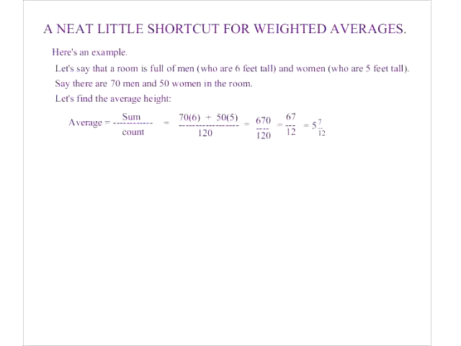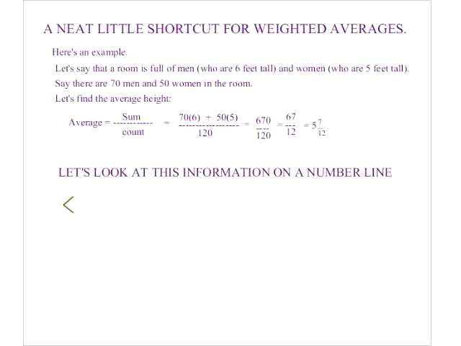Now, let's look at a number line. Pardon that it takes longer to do it on the Illuminate, but we are all models of patience here. On a number line, you can plot your women's height. This is 5 foot.